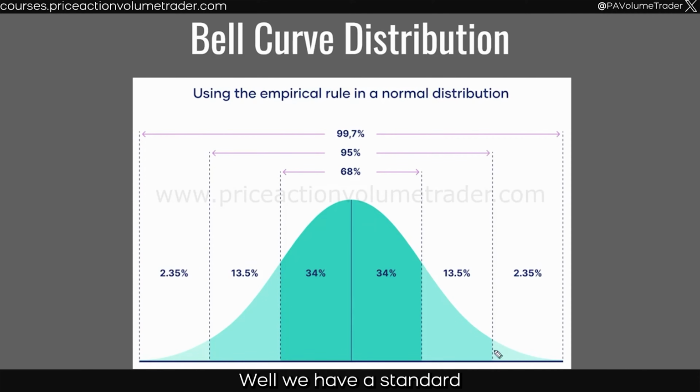We have a standard bell distribution with a mean right in the center, and then one standard deviation to the left and one standard deviation to the right. Each one is 34%, so if we add those up, that's 68%. That's why I always like to use 68 instead of 70, just because it is more exact.